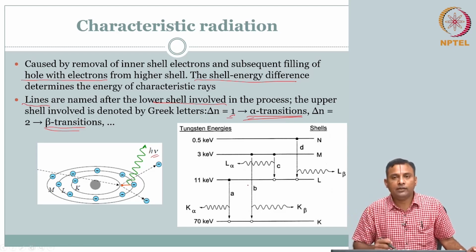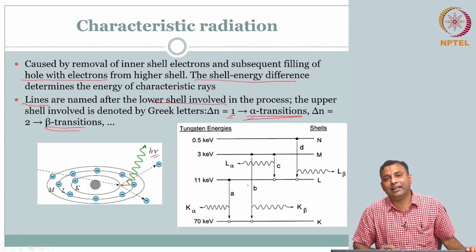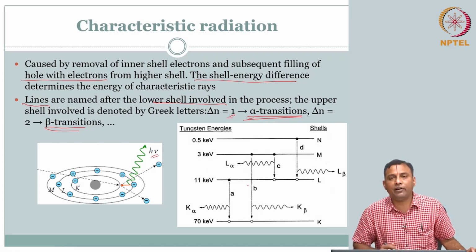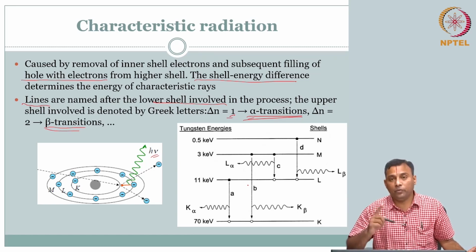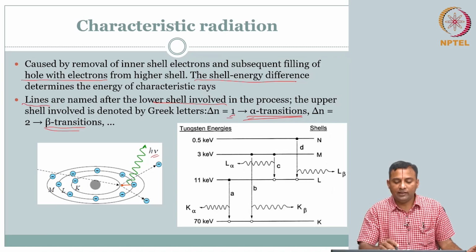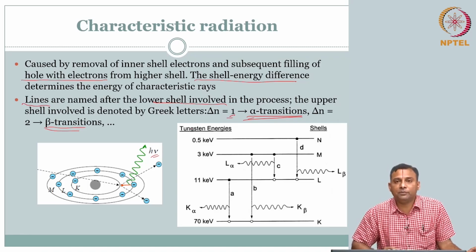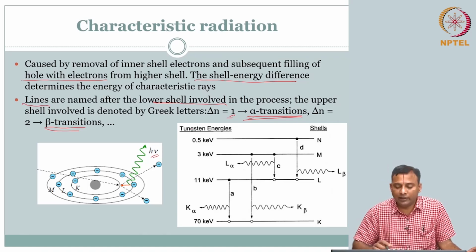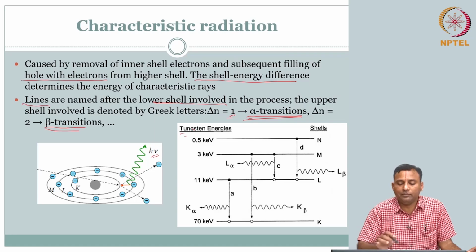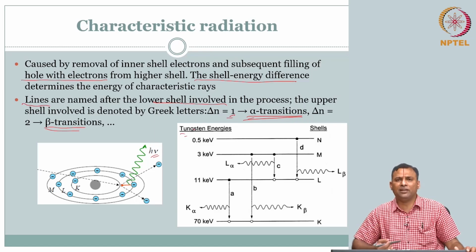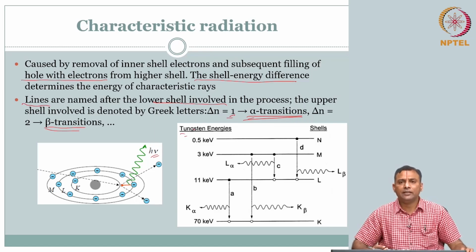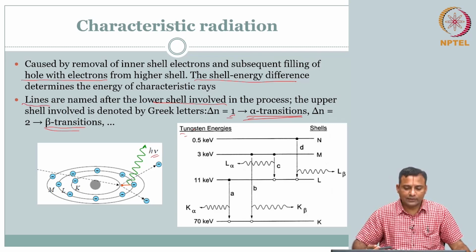So, you can tell whether that characteristic X-ray is an L alpha, a K alpha, or a K beta based on the energy that is observed, and that is unique to the atom, because the binding energies of different atoms are slightly different. So that is why it is characteristic. Okay, good. So this part is done.